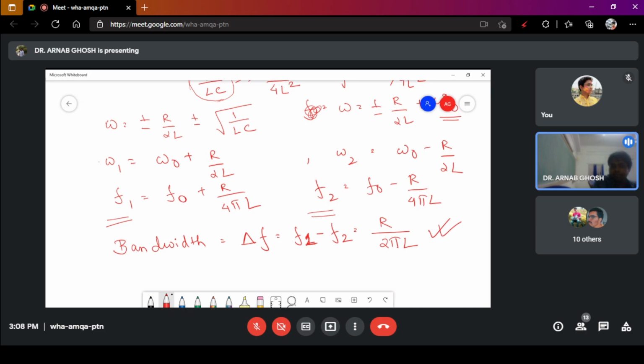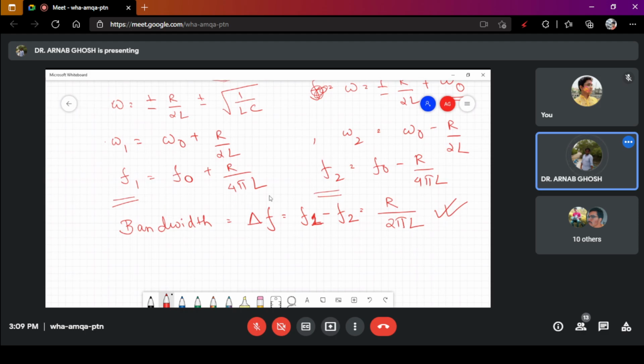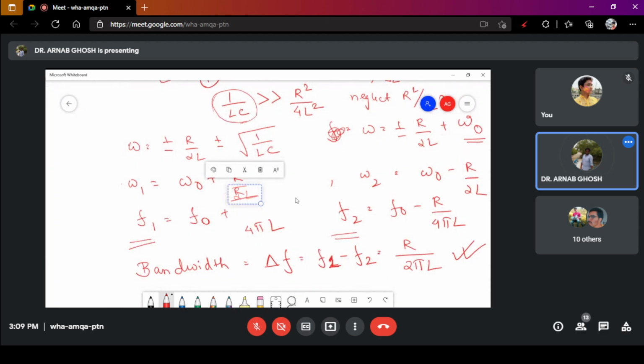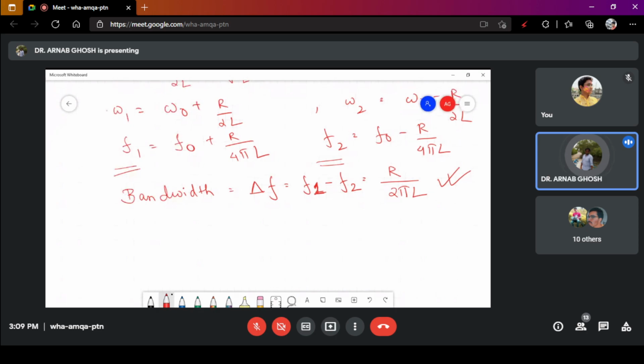I will tell you why I am using this word bandwidth. Remember, bandwidth is equal to delta F, that is F1 minus F2. And for F1 and F2, you have got F1 as F0 plus R by 4 pi L, and F2 as F0 minus R by 4 pi L. So delta F is F1 minus F2, that is equal to R by 2 pi L, right? I think this is okay till now.